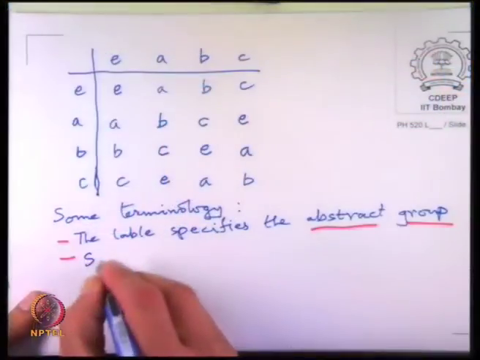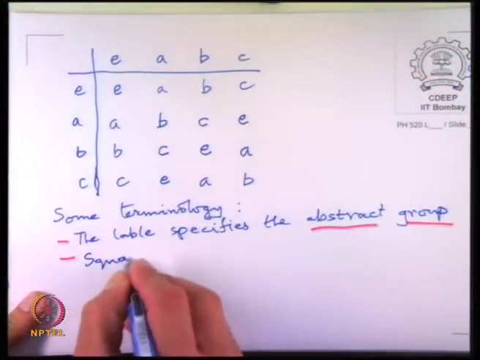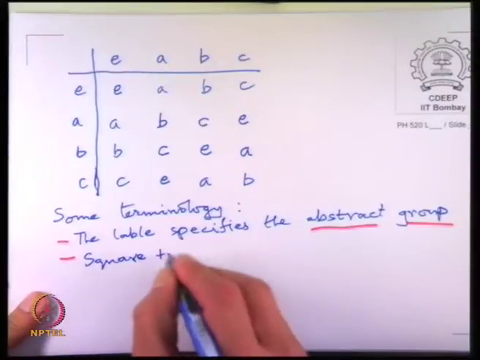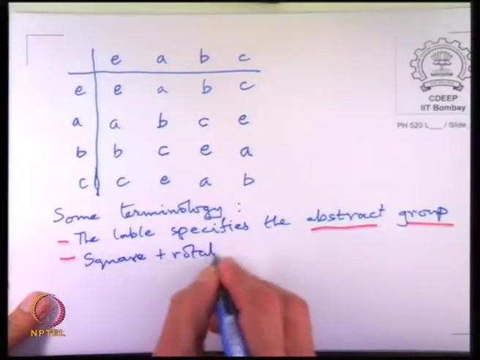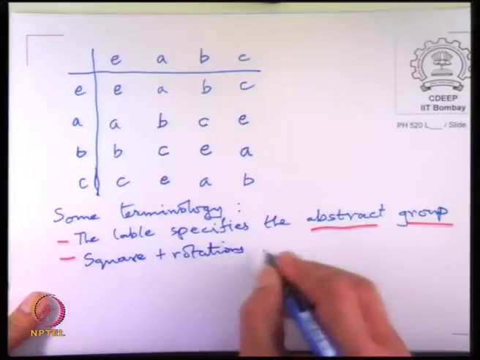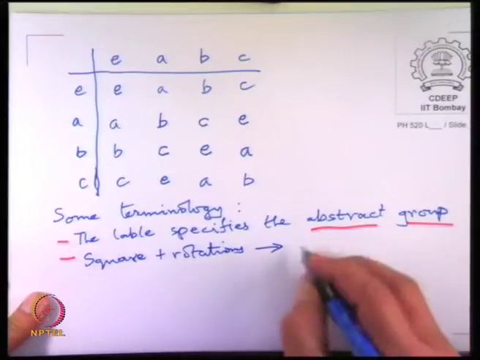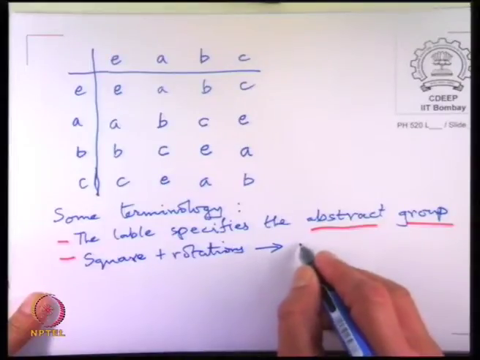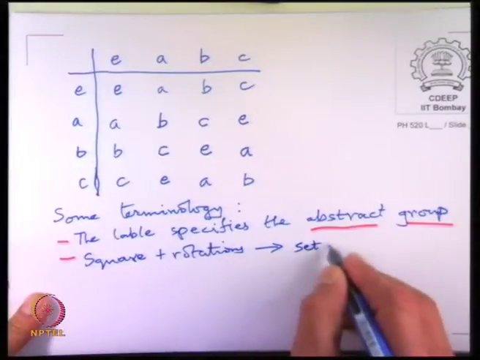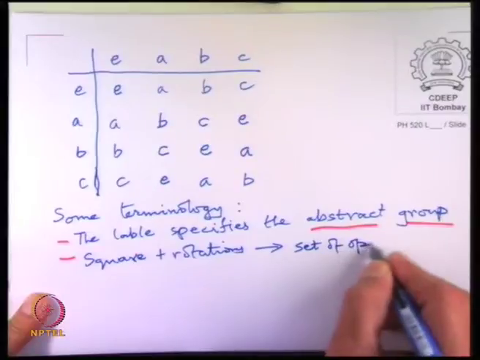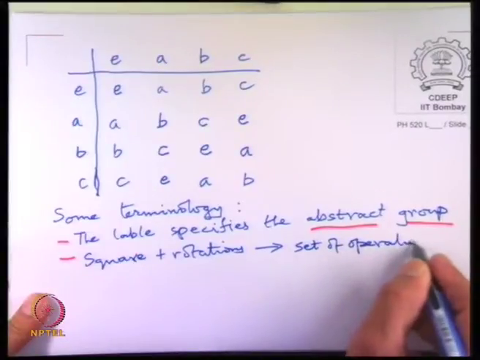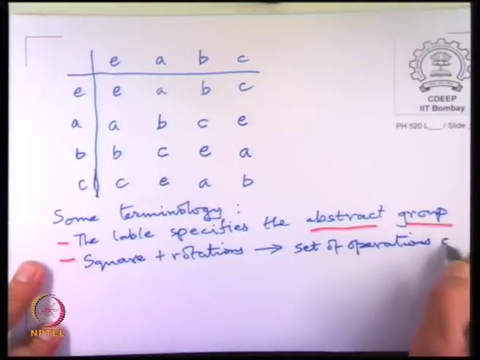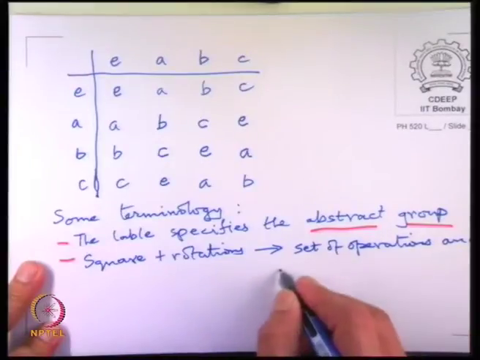So our square plus rotations is actually a set of operations and a space on which they act.